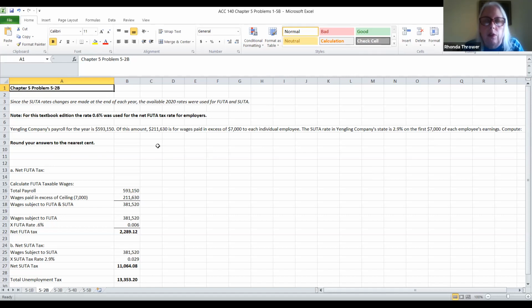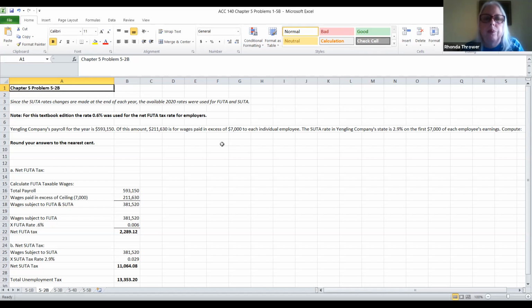For FUTA taxes, and in this case, for SUTA taxes in this particular state, there is a ceiling of $7,000, which means that once you've paid employees $7,000, any amount above that is not going to be taxable for SUTA or FUTA in this particular problem.